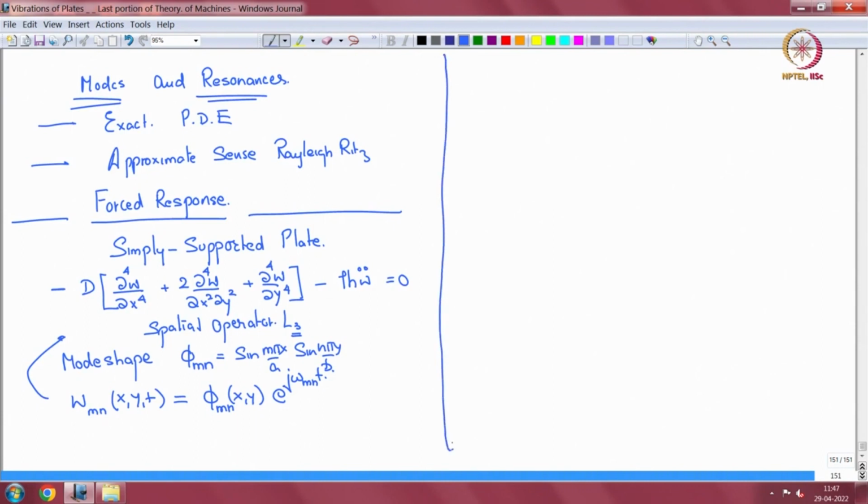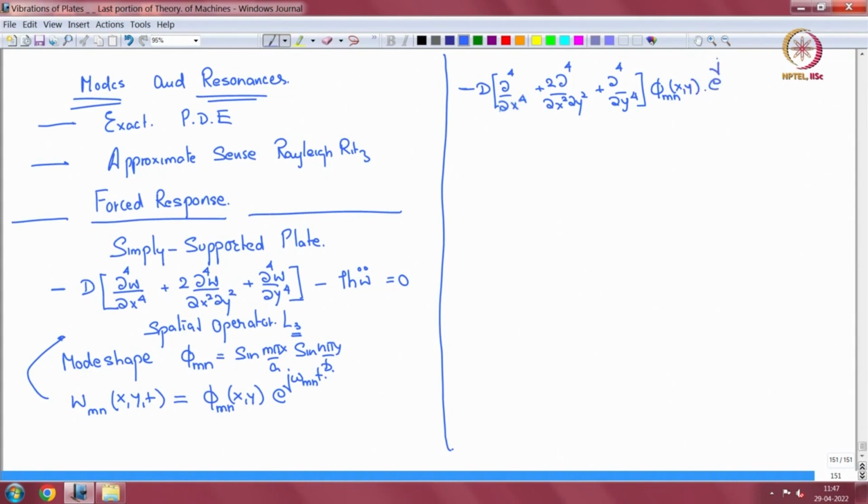okay, what I will get first, let me write, is minus D del 4 by del x4 plus 2 del 4 by del x square del y square plus del 4 by del y4 operating on phi mn x comma y.